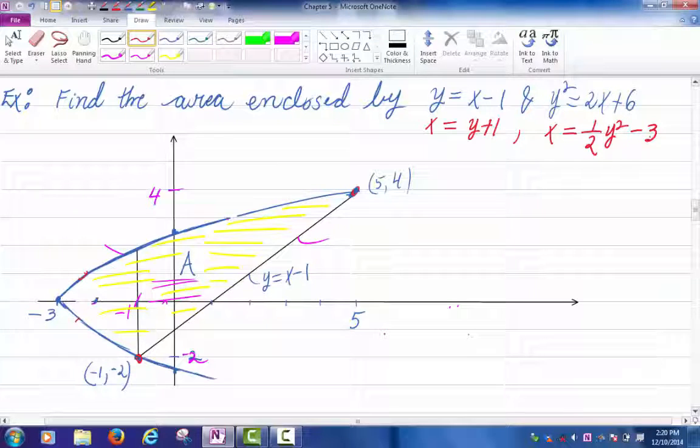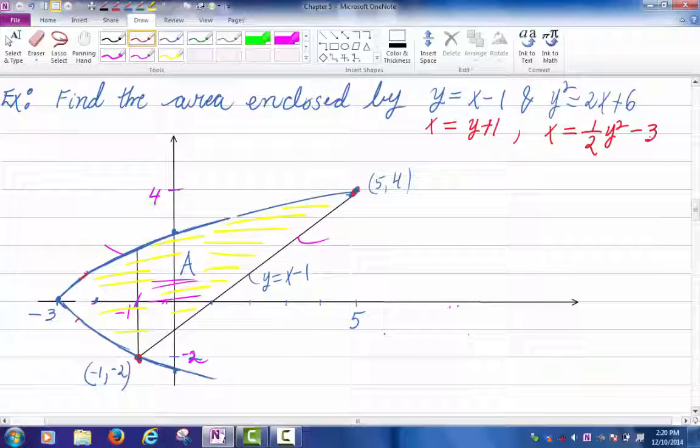It just stretches the curve. And with the negative 3, where does the vertex go? It goes to the left by 3 units. So my vertex is at negative 3. So I have the parabola that opens to the right. The vertex is at negative 3.